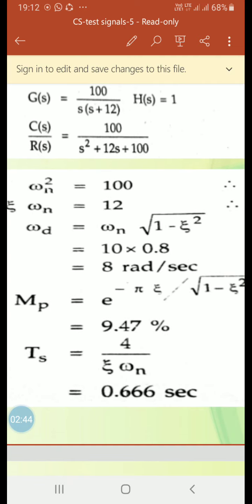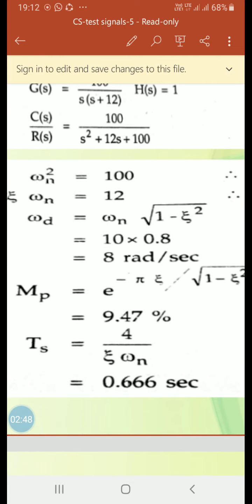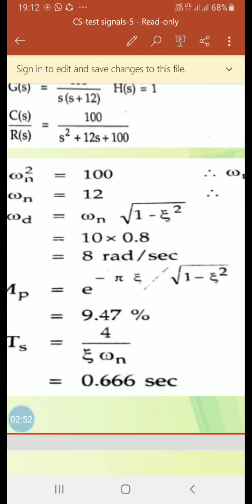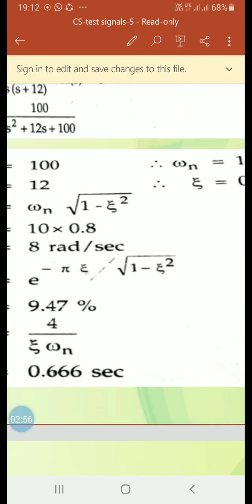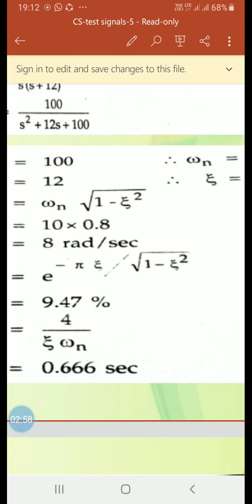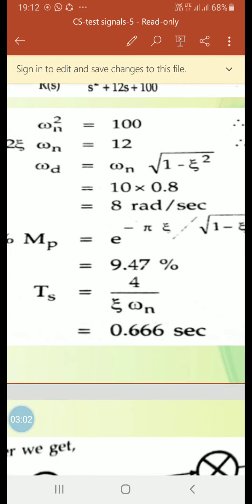Okay. Omega d we will find. Omega d, the formula is omega n into root of 1 minus damping ratio square, which will come equal to 10 into root of 1 minus 0.6 square, which will come equal to 10 into 0.8. Due to that, omega d is 8 radians per second.